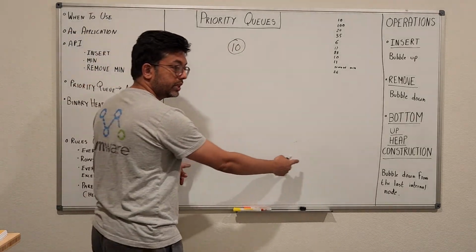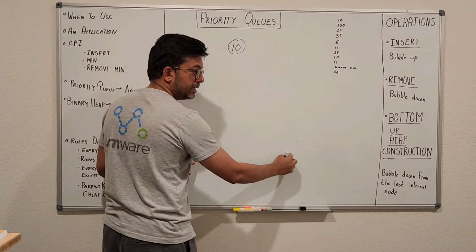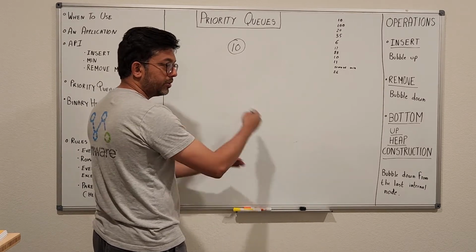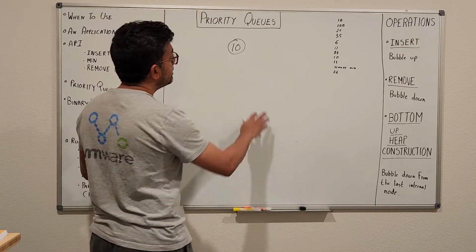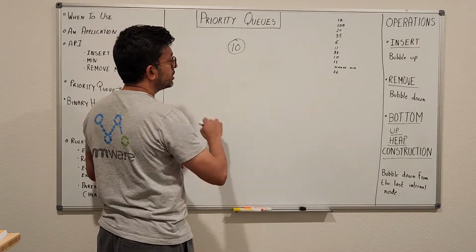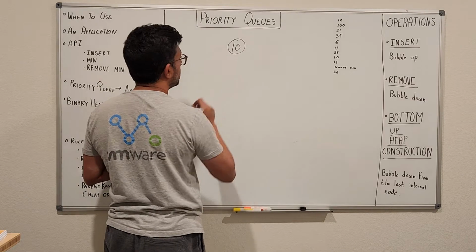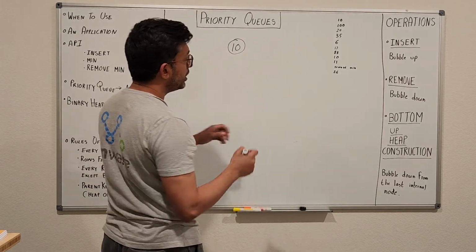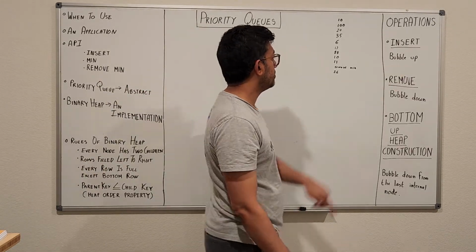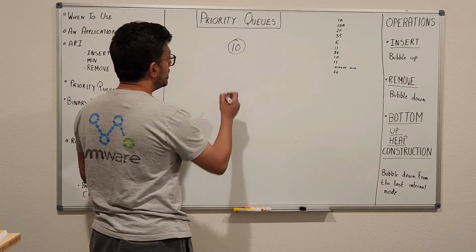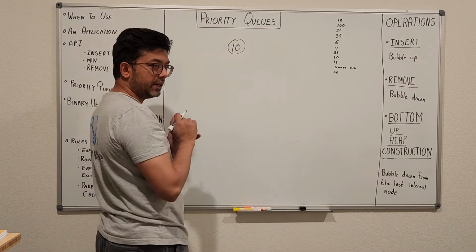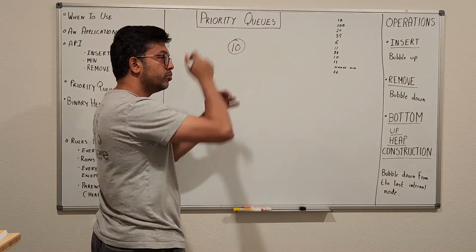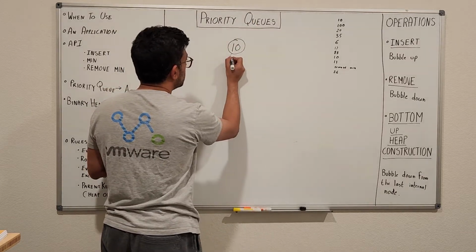Actually you are doing it in an array, where you add the element at the appropriate index and swap it as needed. So first you insert 10, next I insert 100. Every time you insert, the way to do it is something called a bubble up. You put it at the last position and then compare it to its parent, and if the parent is bigger, you swap it with the parent. So I insert 100 here.